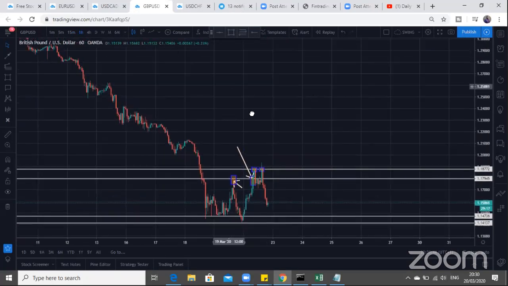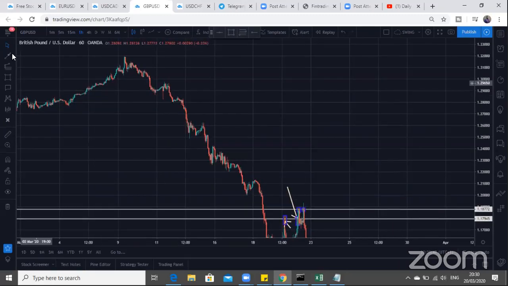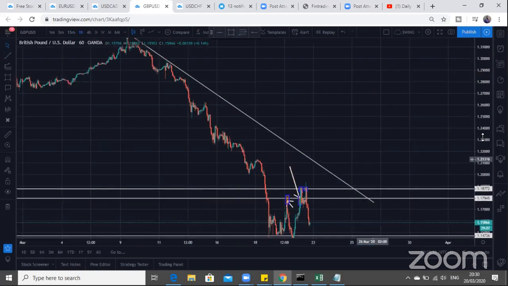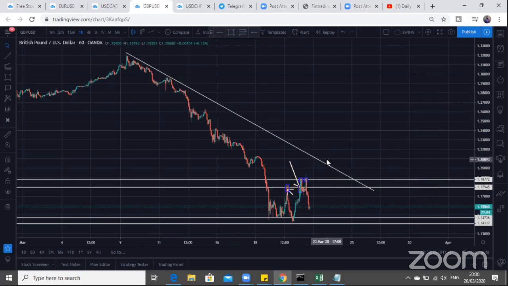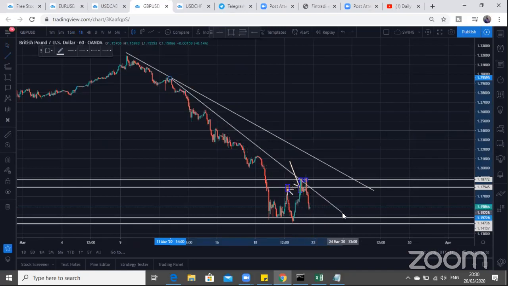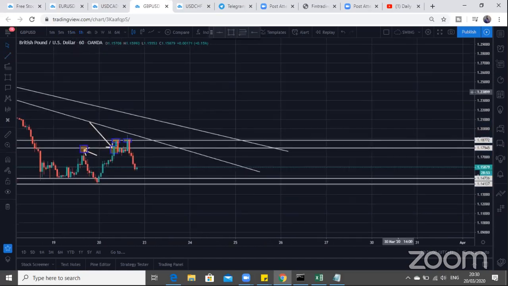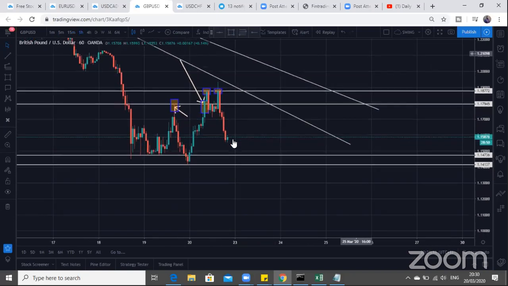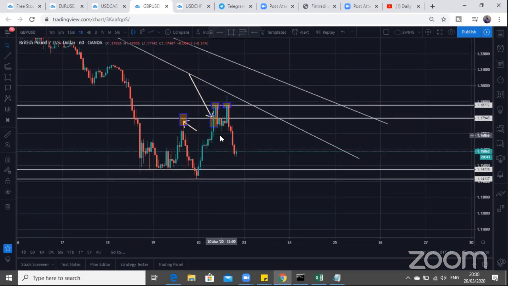When I draw my trend lines, are we going up or are we coming down? Good, we are coming down, which is sell. So because the trend is selling, you are to sell at a resistance.